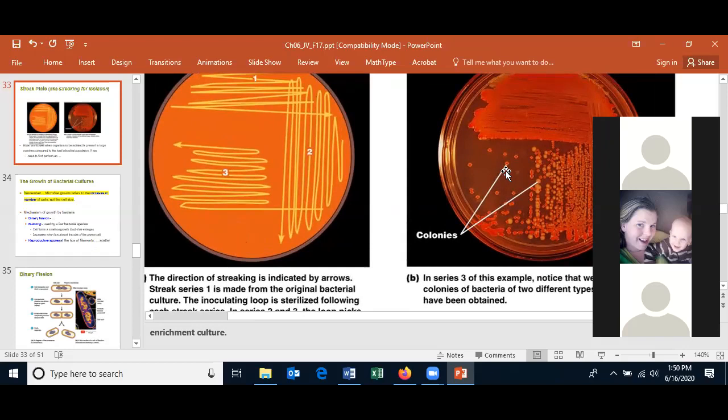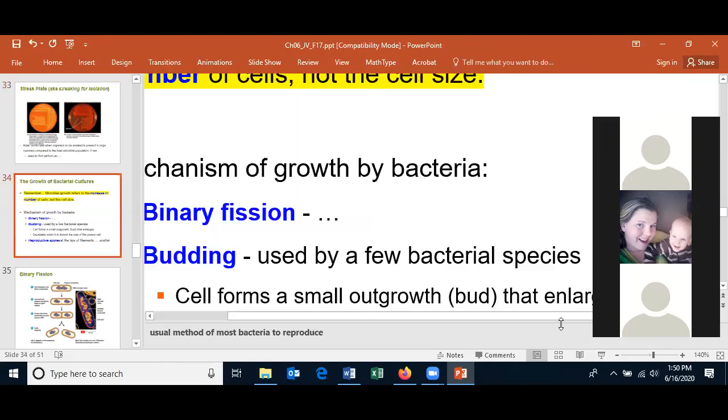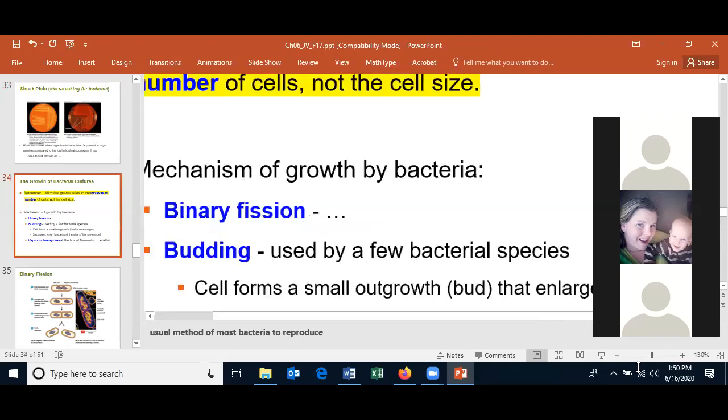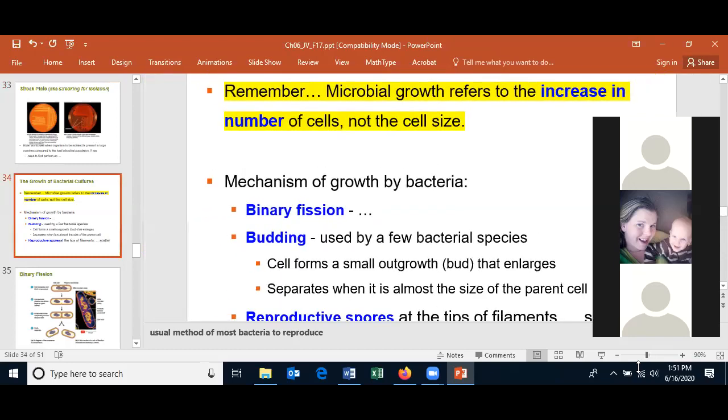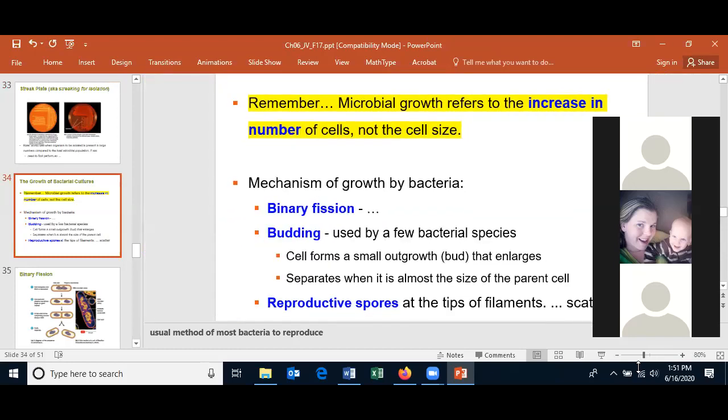But to be absolutely certain, you take this colony and you streak it out a second time. And then when you isolate it a second time, then we say it's a really good chance that it's a pure culture. Any questions about that? Because you're not really going to be doing it in the lab. I think you will be doing it maybe in a virtual lab.